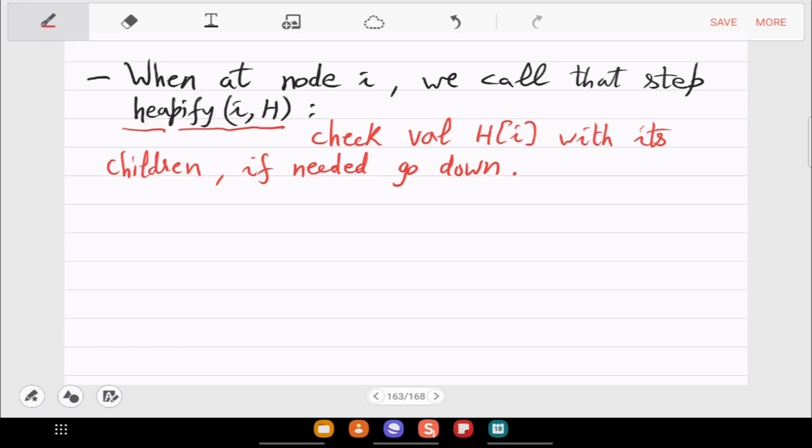So what this will ensure essentially is that below I, the subtree below I, becomes a heap. Okay, so recursive, so this is the invariant it ensures, that at I as a root, you have a heap structure.